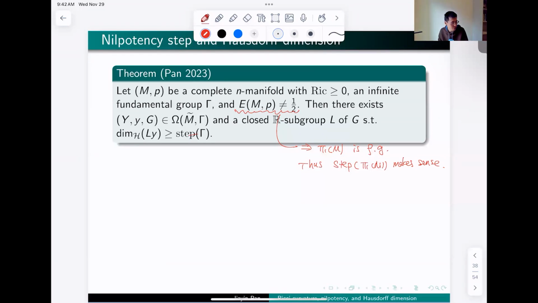So the phenomenon that we have seen in the Nabonnand example, where we said, okay, you blow it down, you have R orbits of large Hausdorff dimension, in some sense that phenomenon is prevalent. As long as you start with a torsion-free nilpotent fundamental group, you blow it down, then you can always see this feature in some of the asymptotic cones.